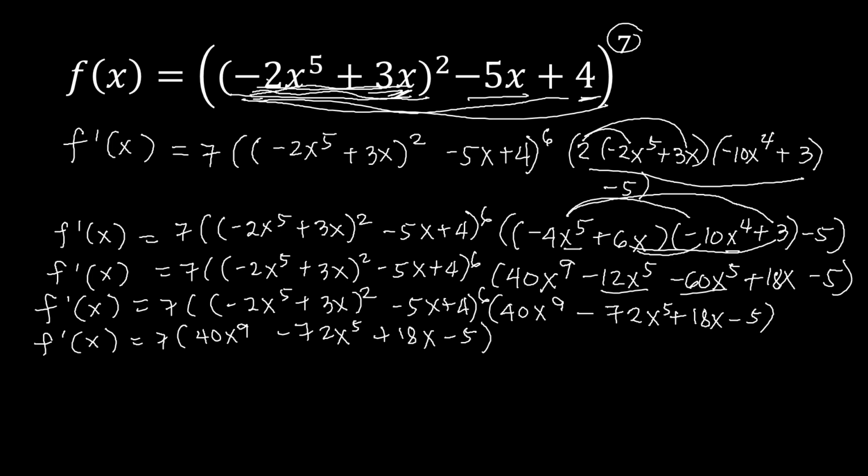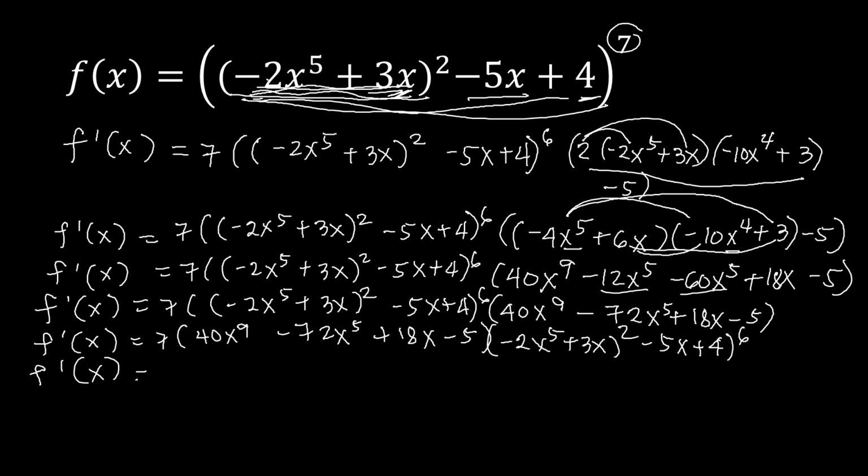And then we copy the longer one, which is negative 2x to the power of 5 plus 3x squared minus 5x plus 4 raised to the power of 6. Simplifying the first part, we have here 7 times 40x to the power of 9.